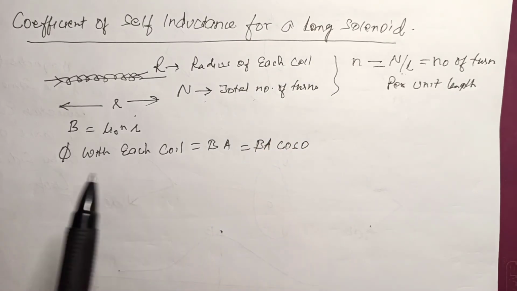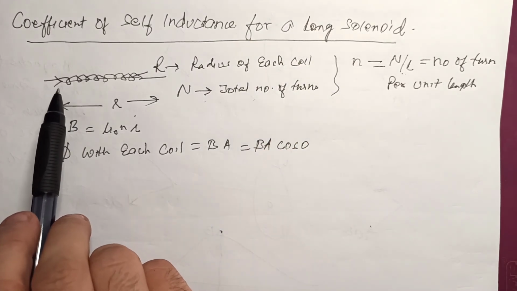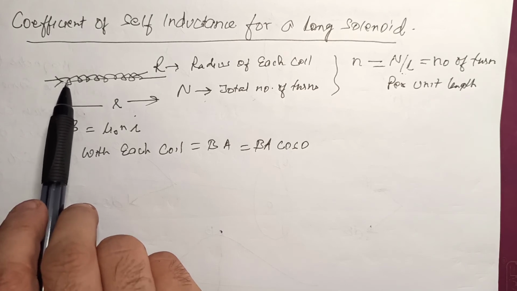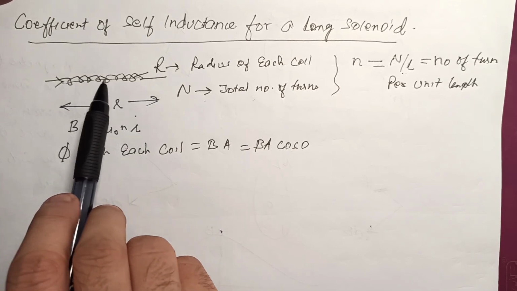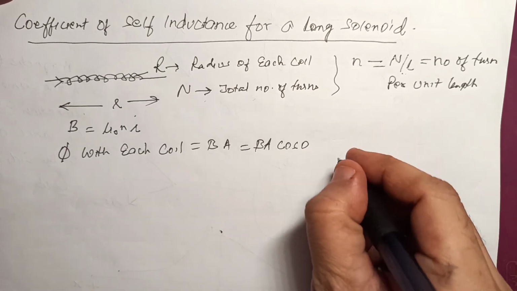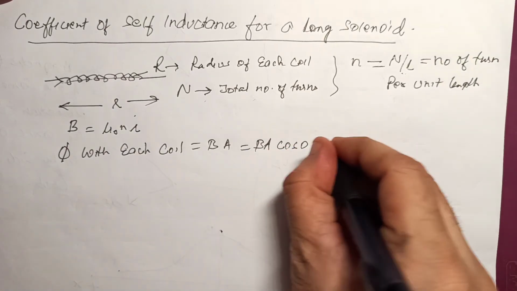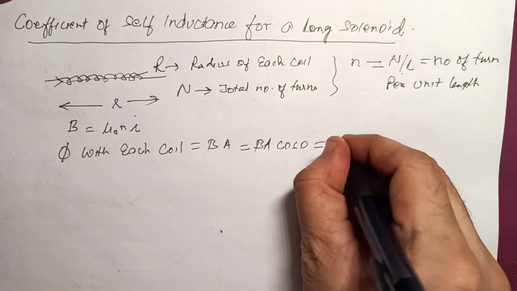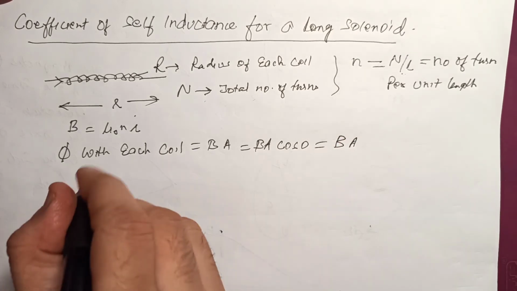Now why 0? Because the magnetic field is through the axis and the area is also in the same direction, right? So the angle between them is 0. So cos 0 is 1. So I can write it BA.